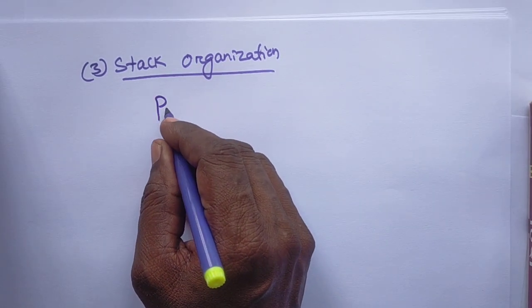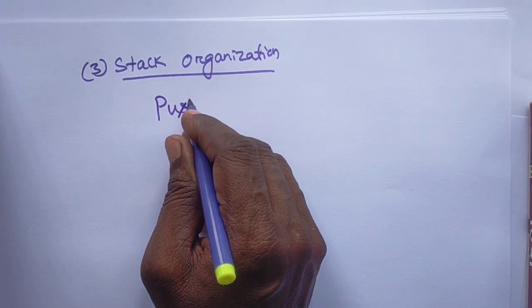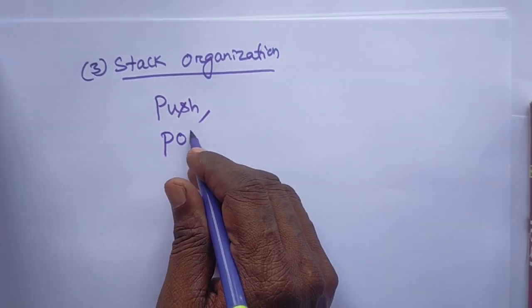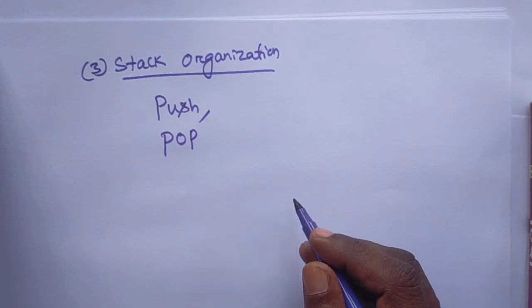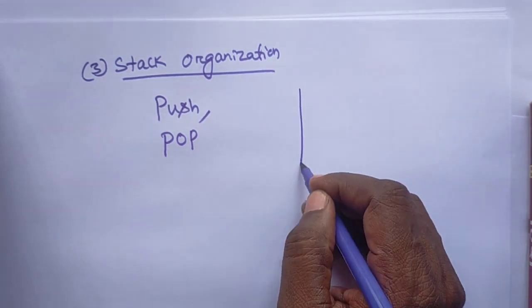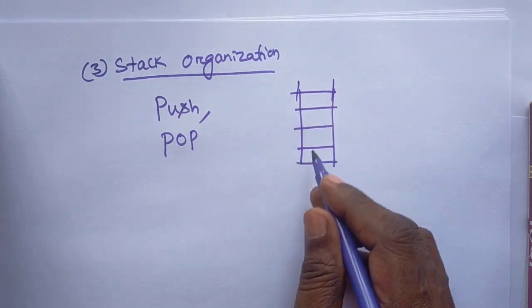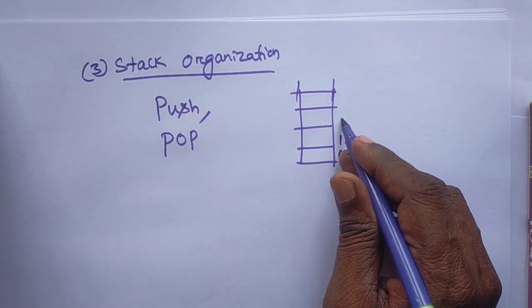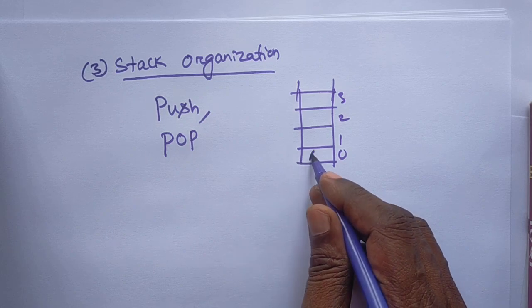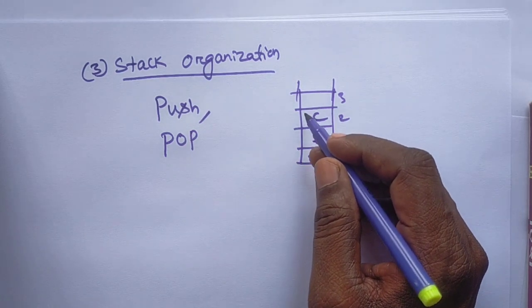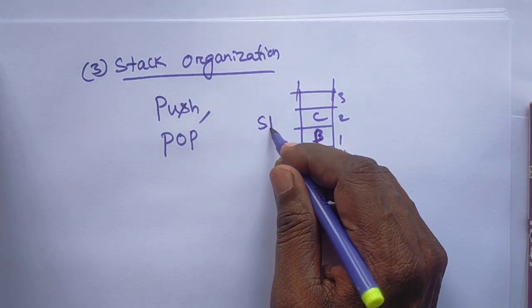Normally, if you enter some data, we use the push operation. If we delete some data, we use the pop operation. This is the basic concept. Very simply, suppose different data are there, like 0 1 2 3, A B C. If we enter some data, it depends on the SP, the stack pointer.